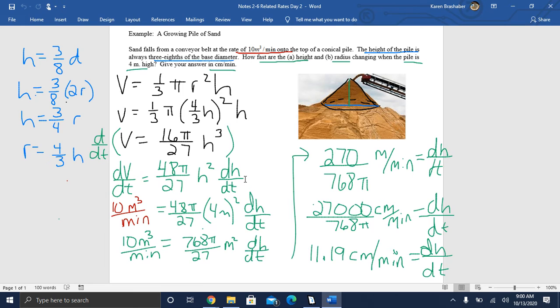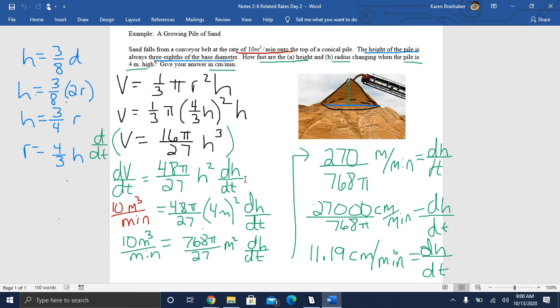Usually part B is just a matter of substituting in a different value for the same variable. But in this case, in part B, we actually are asked about a different variable. And so this one's not quite as easy.